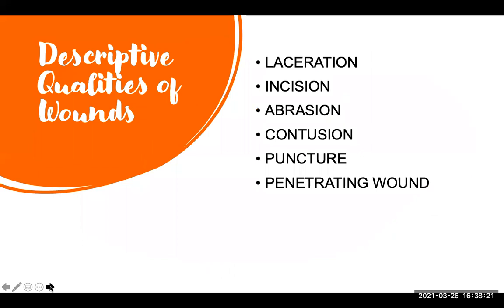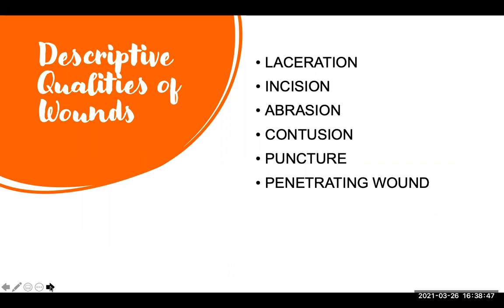Other wounds we're going to talk about now, we're almost done, are lacerations, incisions, abrasions, contusions, punctures, and penetrating wounds. So a laceration is just tissue that's torn apart. It's usually an accident. Those people end up showing up right away for repair of a laceration.